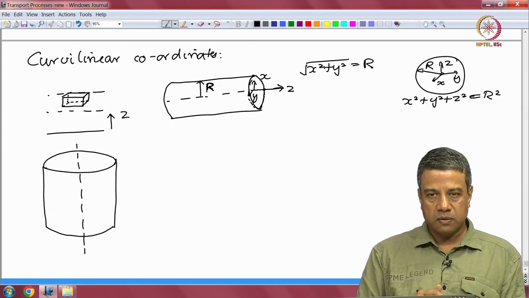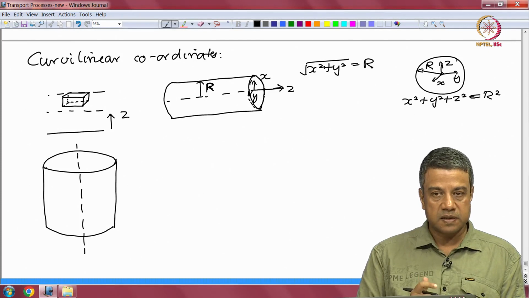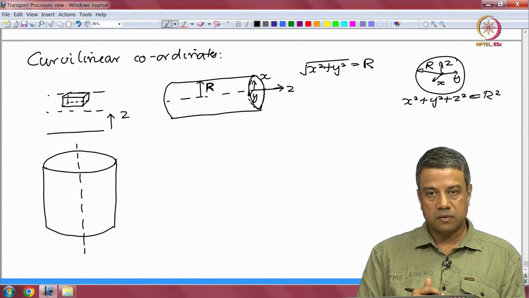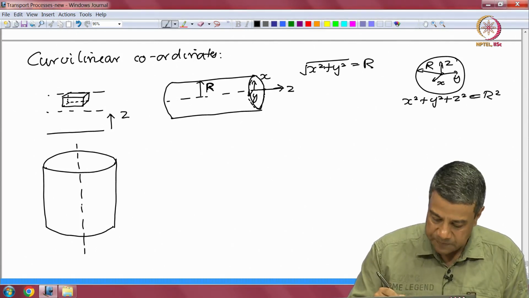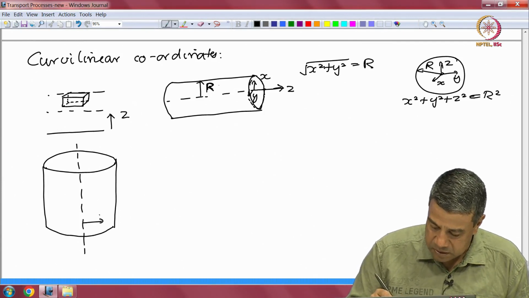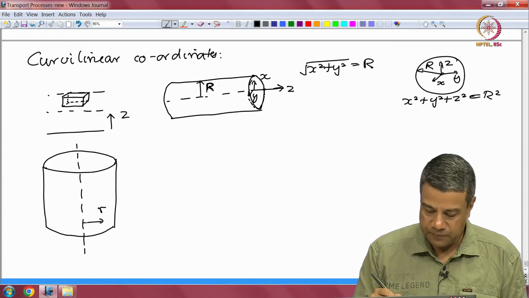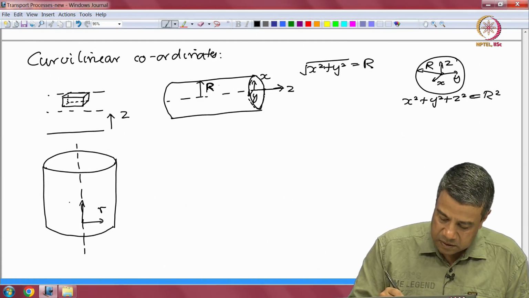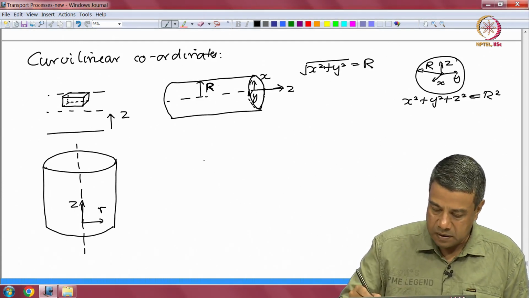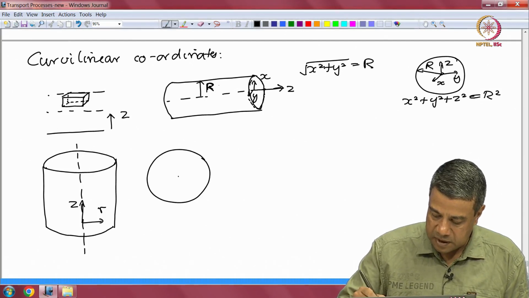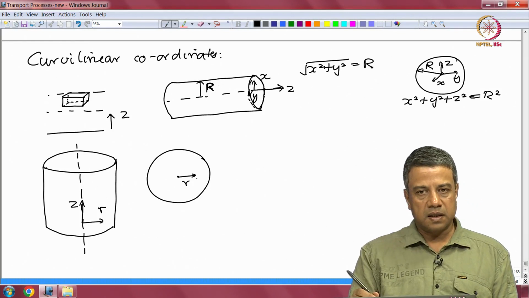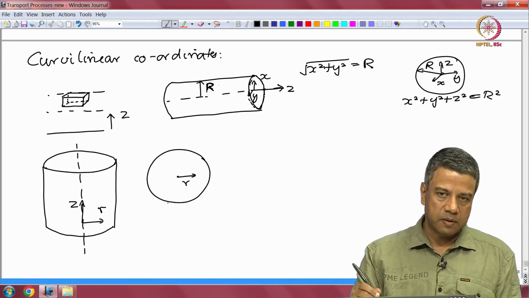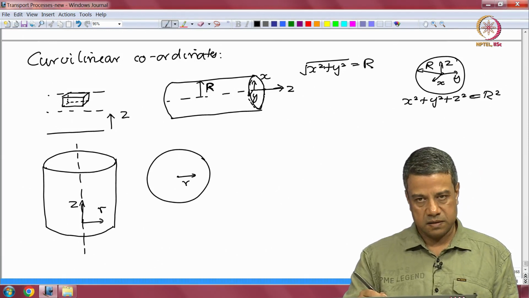Then I have to choose a coordinate system such that one of the surfaces is a surface of constant coordinate. That coordinate has to be the distance from the axis, because the surface of the cylinder is at constant distance. So, one of the coordinates that I choose has to be the distance from the axis. The second is the distance along the axis. If I look from above, one of the coordinates is the distance from the axis, and the other is the distance along the axis in the plane perpendicular to the axis.